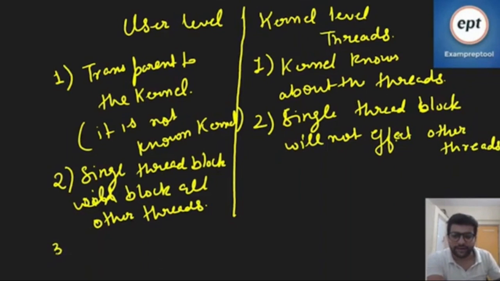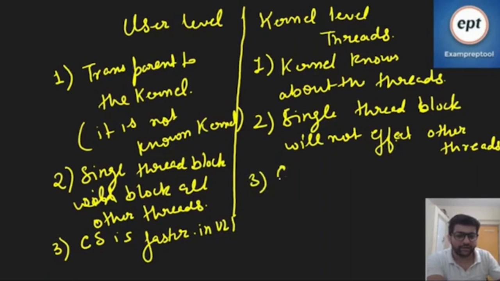The third one is that context switching is faster in user level threads. Here, the context switching is slower, right?